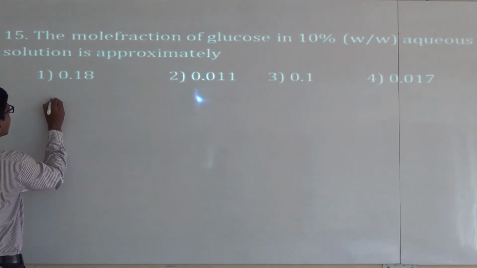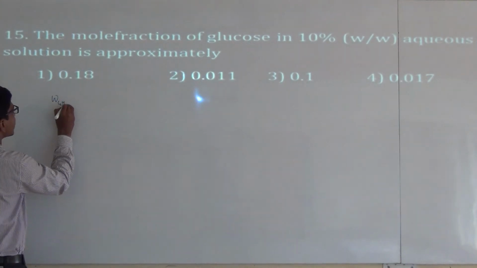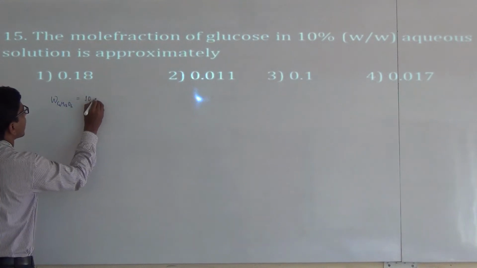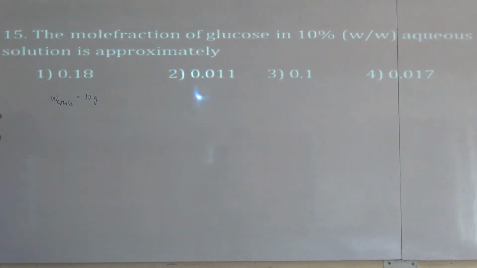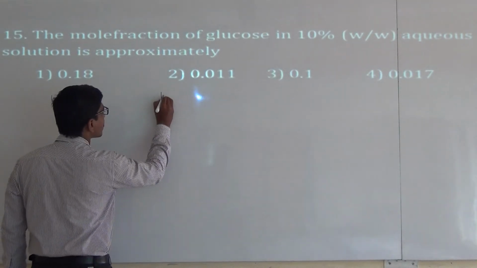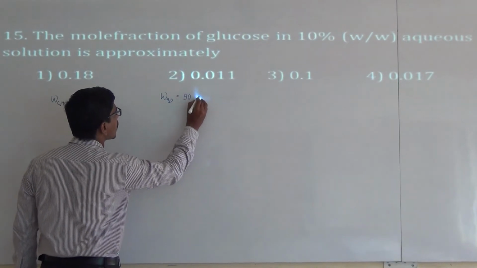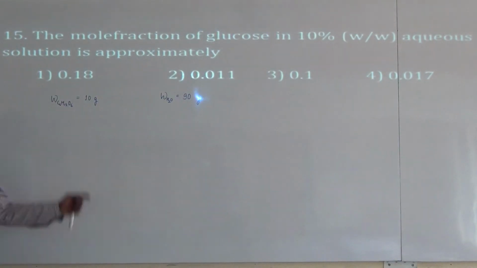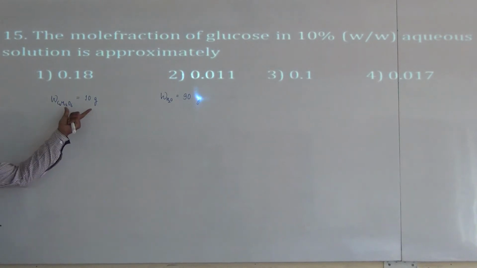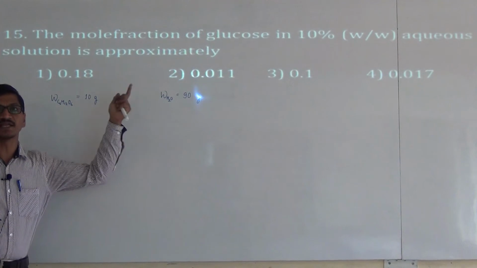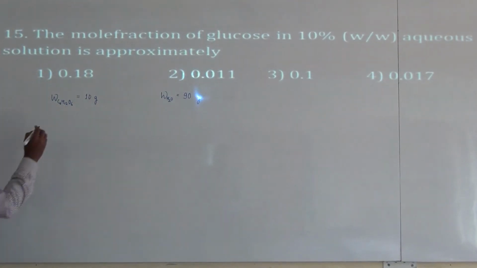The weight of C6H12O6, this is glucose, is 10 gram, because they gave 10% weight by weight aqueous solution, and weight of water is 90 gram, because the total weight of the solution is the sum of weight of solute as well as solvent. 90 plus 10, that is 100 gram.